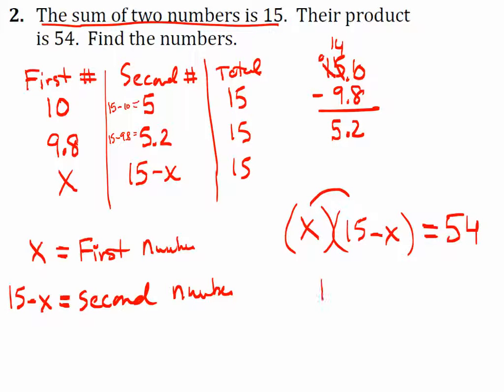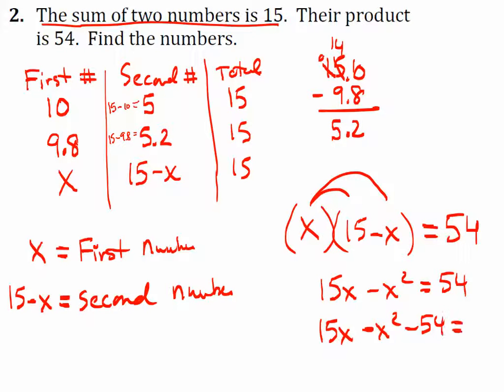All right, distributing the x. And to factor I've got to move the 54 over. So minus 54, set equal to 0.